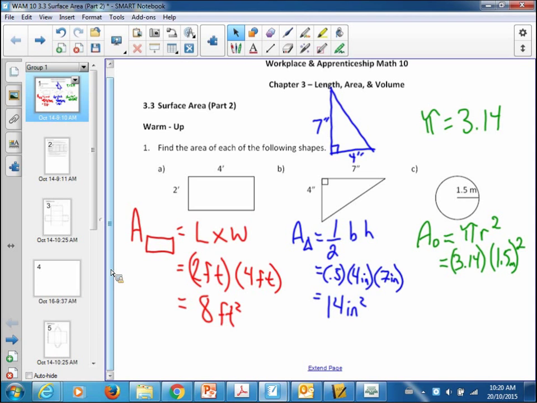Which one? So did you go 3.14 times 1.5 and then you hit the square button on the 1.5? Let's just see. Equals. Yeah, just wait, that's it equals.